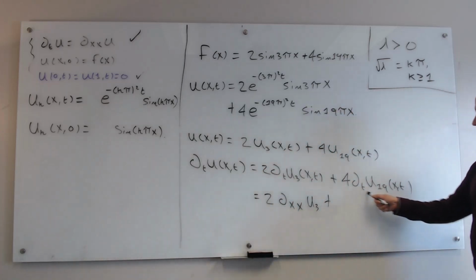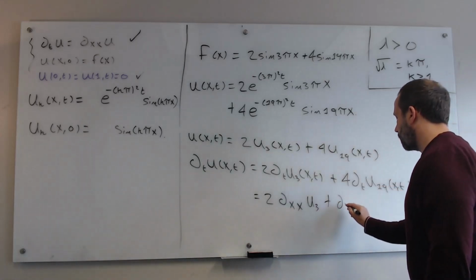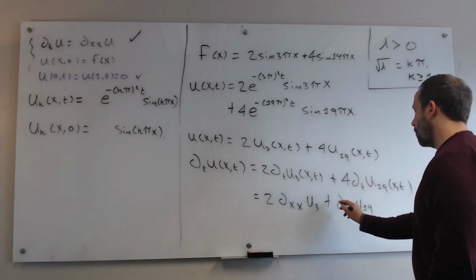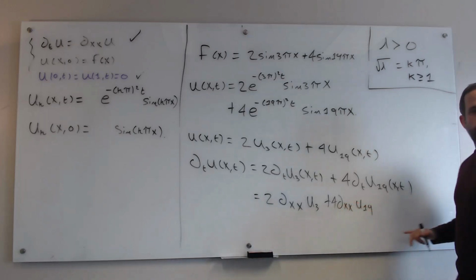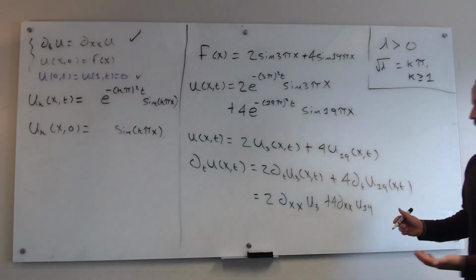And then the t derivative of u19 is going to be the double x derivative of u19, with a 4 there. 4 times the t derivative of u is 4 times the double x derivative of u19. Okay, well again, the double x derivative is linear as well.